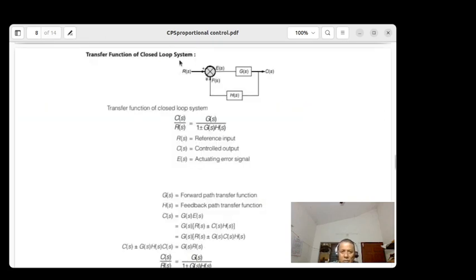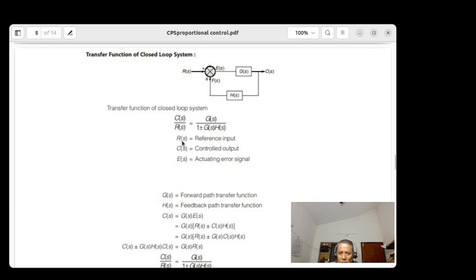And the transfer function of a closed loop system, R of s is the input and C of s is the output, is C of s by R of s equals G of s by 1 plus or minus G of s into H of s. This may increase the error or decrease the error depending upon whether the error is positive or negative.